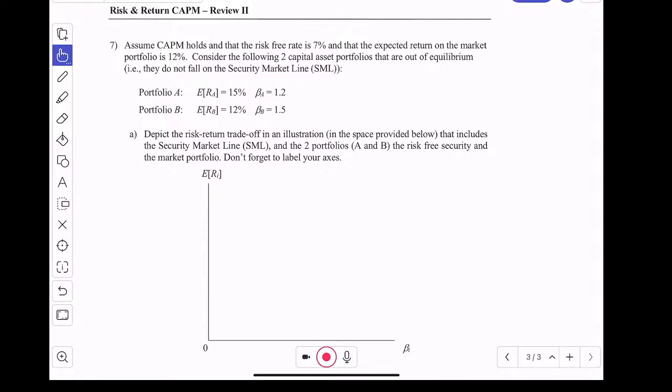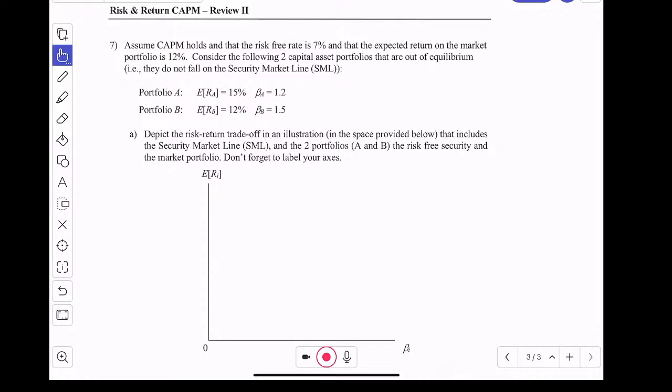All right, so here's a question about the CAPM. Assume the CAPM holds. There are a number of assumptions that support the capital asset pricing model, like support that it actually holds true.